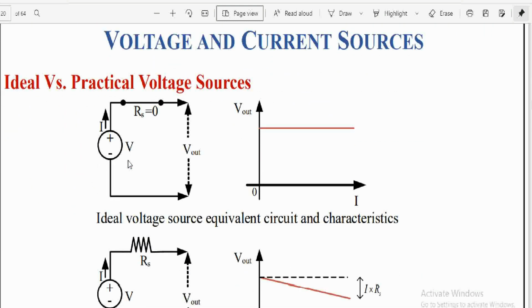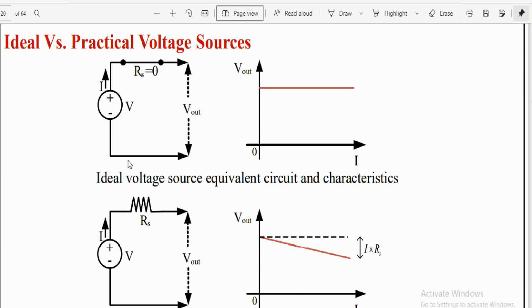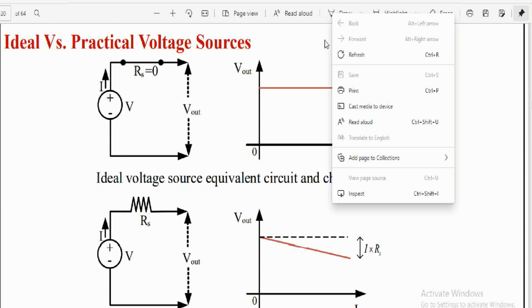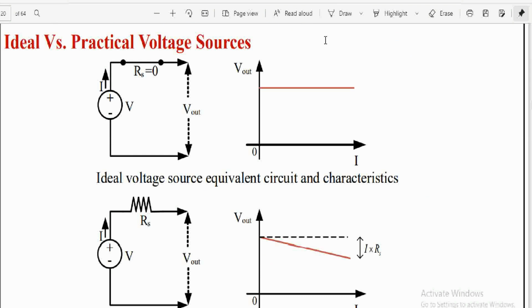Now we are going to see ideal versus practical voltage source. For an ideal voltage source, just remember this point. For a voltage source, the internal resistance is connected in series. For an ideal voltage source, this Rs indicates the internal resistance, and this internal resistance is 0.